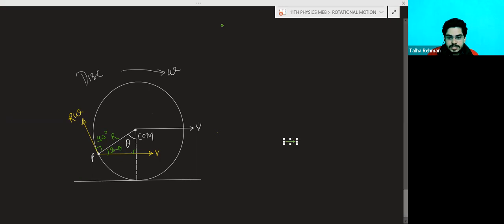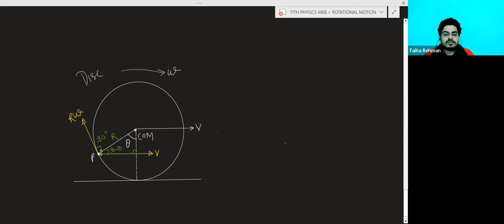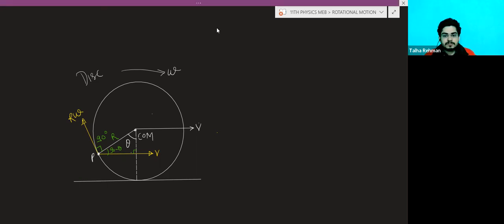There is one velocity in this direction, and in this direction there is another velocity.